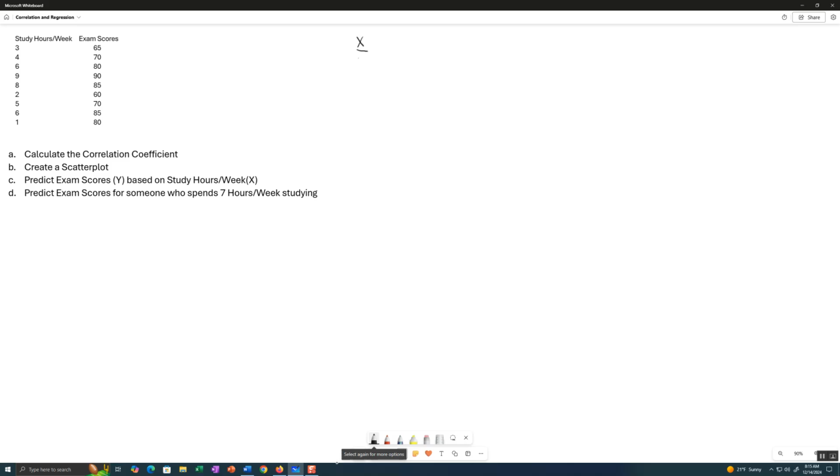So study hours, and let's do exam scores. You have to line it up. If you don't line it up, you're going to make mistakes. So make sure you line these data up.